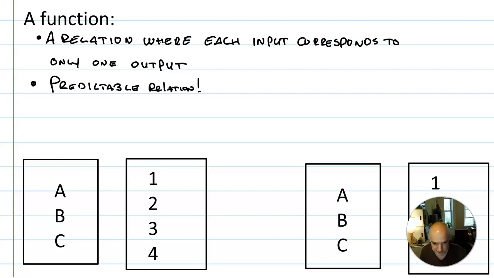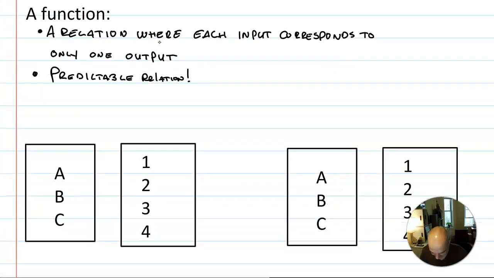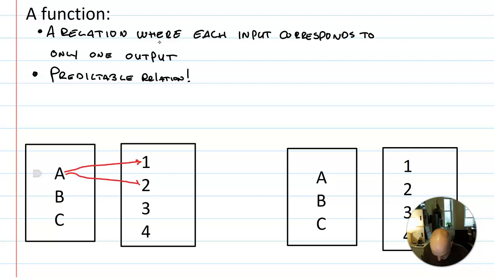So let's first look at a relation that is not a function. Let's say we had A, B, C, 1, 2, 3, 4, just like we had above, and we had A mapped to 1 and A mapped to 2, and maybe we had B mapped to 3 and C mapped to 4.